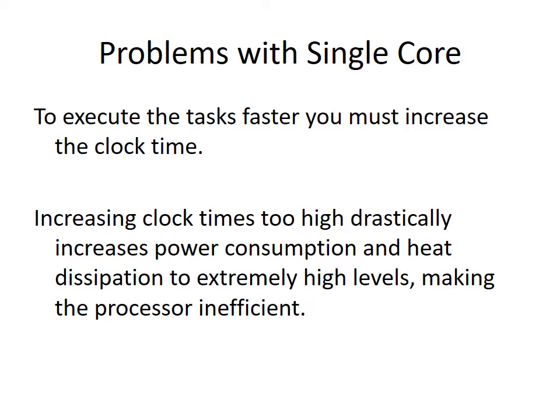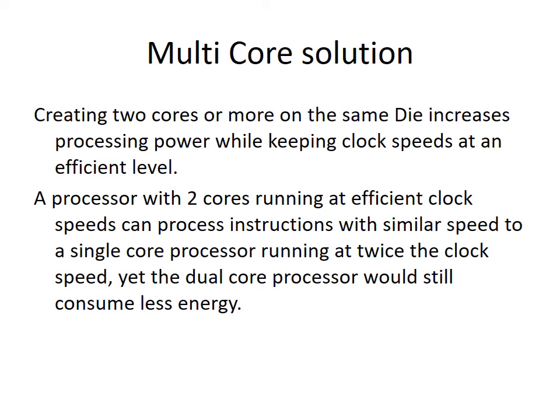Problems with single core. To execute tasks faster, you must increase the clock speed. Increasing clock speed too high drastically increases power consumption and heat dissipation to extremely high levels, making the processor inefficient. The problem of single core is solved by multi-core.